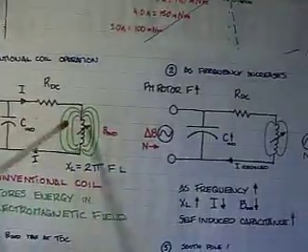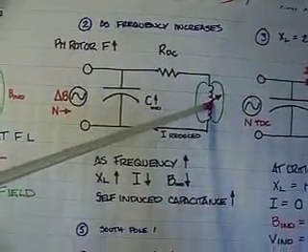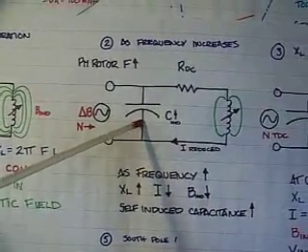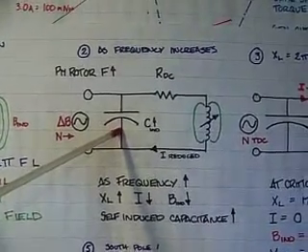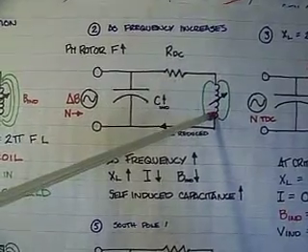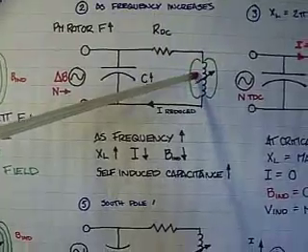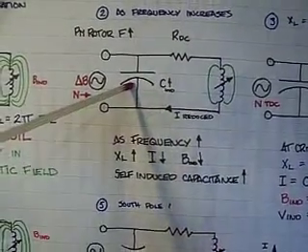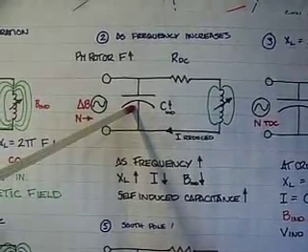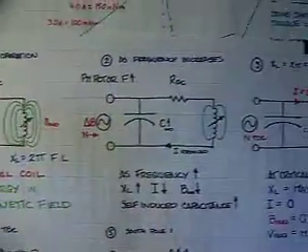Now, as the frequency increases, the impedance of the coil increases, and the self-induced capacitance also increases in the coil. So the impedance goes up, the current flow through the coil goes down, the repelling magnetic field produced in the coil also goes down, and the coil is gradually storing energy as voltage rather than storing energy in the electromagnetic field.